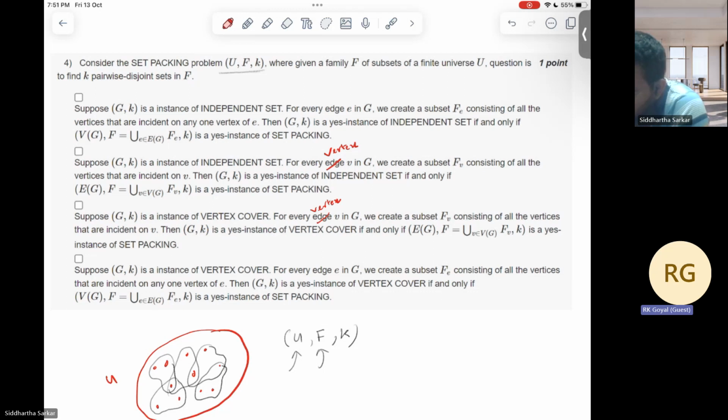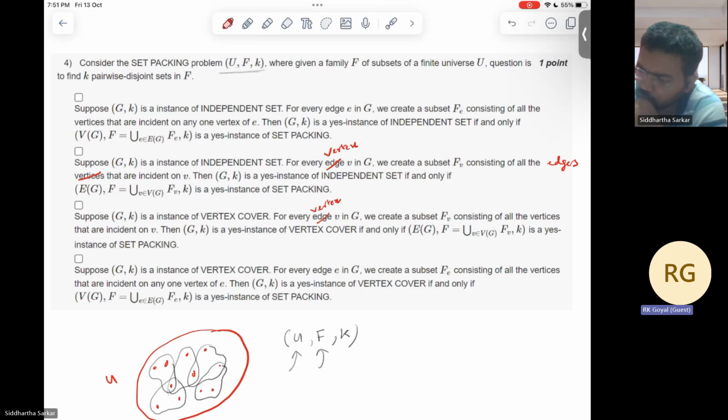So we have been given F as the family of what? F is the collection of all the edges e. And what this e here is: all the vertices that are incident on all the edges, something should be else.